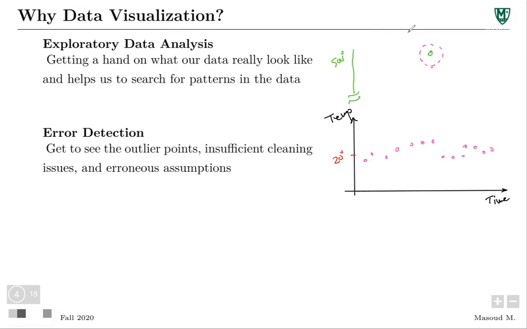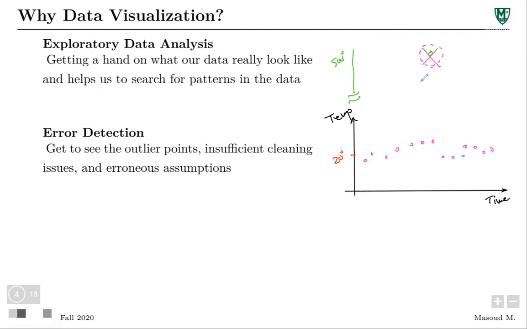And you realize that, oh, at that specific moment, someone used a laser next to your experimental setup and the temperature suddenly went up. Can be any of these, right? Then once you know the reason, or at least you have a guess of what the reason could be, you can decide whether you're going to eliminate that point, or you are going to find a way to incorporate it into your results.